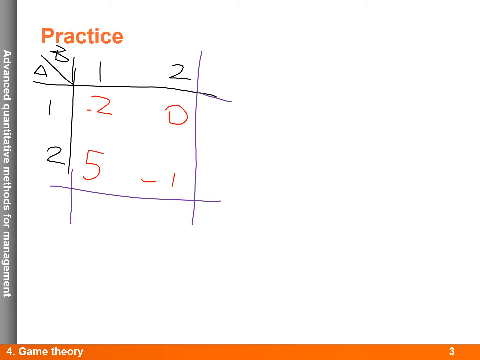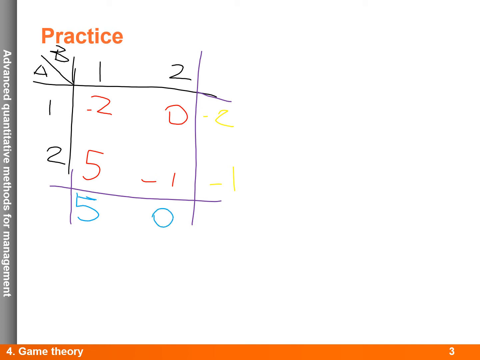The minimum between -2 and 0 is -2. The minimum between 5 and -1 is -1. The maximum between -2 and 5 is 5, and the maximum between 0 and -1 is 0. Okay?